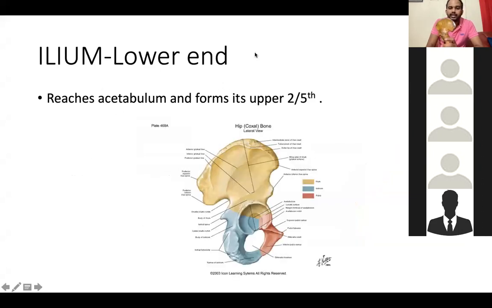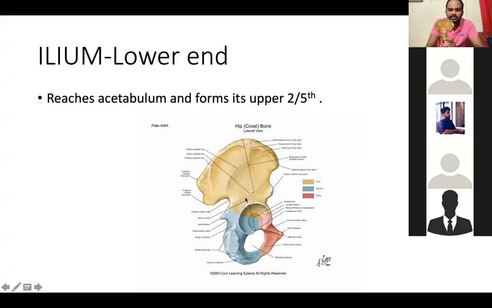The lower end of the ilium, if you see, reaches the acetabulum and forms its upper 2/5. What is this fossa? Acetabular fossa. The lower end of the ilium forms 2/5 of this acetabulum. Is it clear?